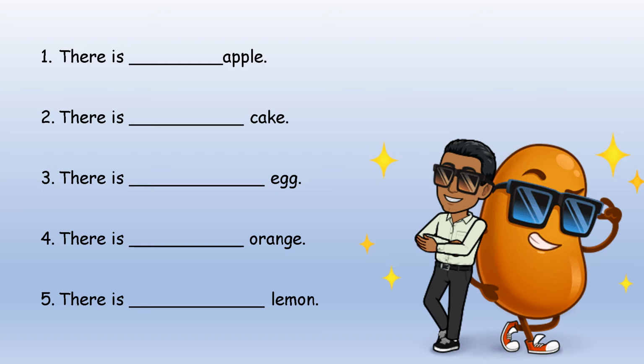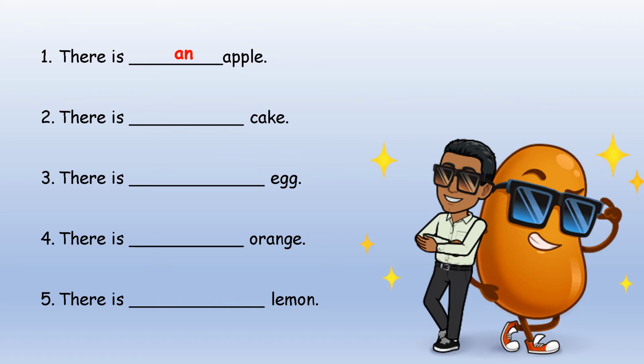Since we have apple without the letter S, no S, that means this is only one apple. Another clue is we have here is. It shows that there is only one apple. Apple starts with a vowel. So we say this is an apple.